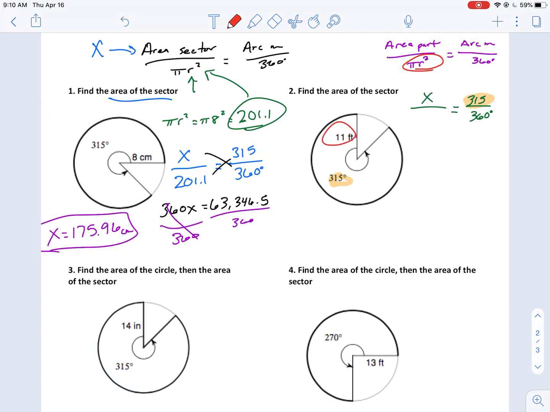I know that 315 is the arc measure, so I've got that down. That's always going to be over 360, but I need to find the area of my circle. I need to find this. But luckily I'm given the radius, so I can do pi r squared equals pi times 11 squared equals 121 times pi, which gets me 380.13.